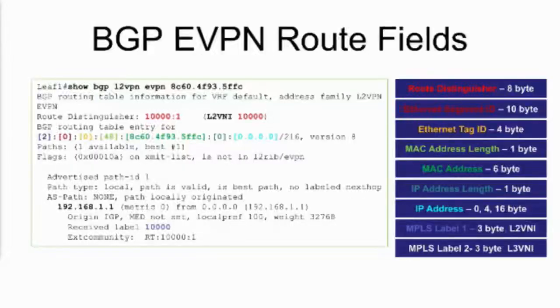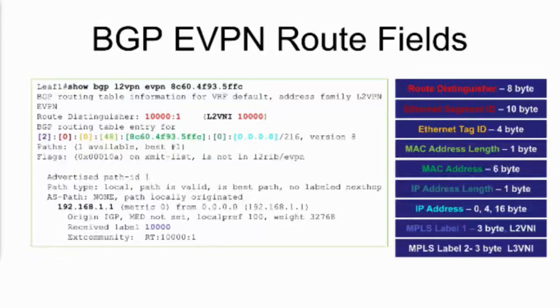Now, how does the BGP prefix look? If you have a MAC address of a particular host, you can look into the BGP table, saying show BGP L2VPN EVPN, or maybe a different command based on the vendor you're using, and you can look for that MAC address. You can notice a pretty long prefix.